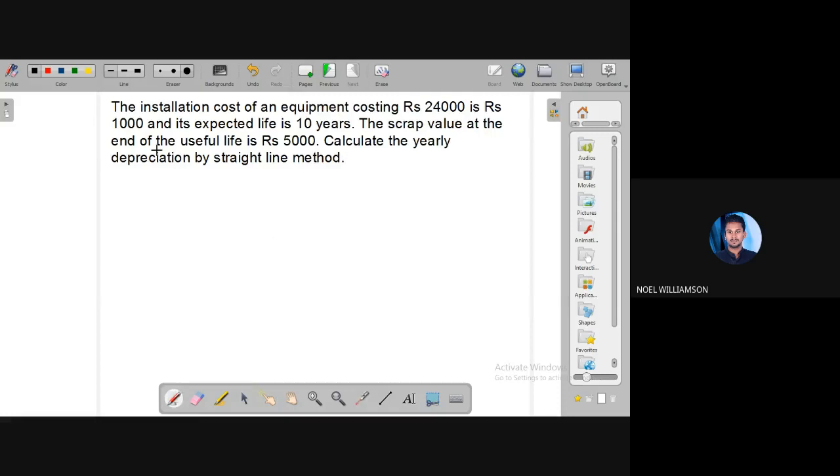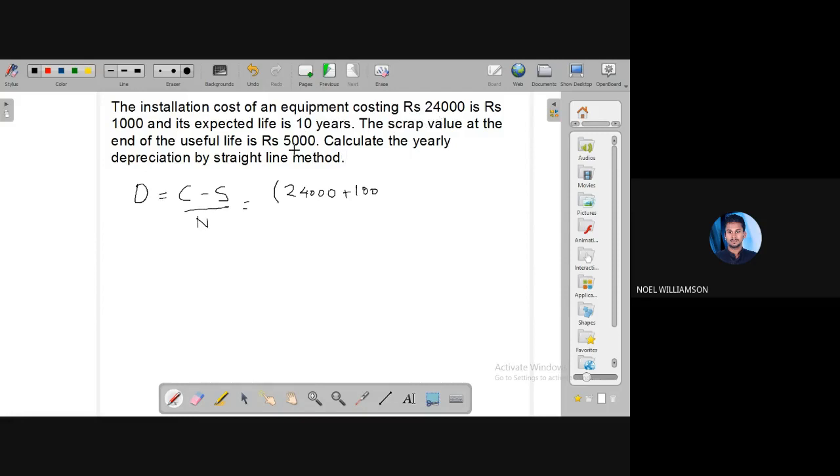So what is the relation? The relation is annual depreciation charge D equal to C minus S by N, where the C value means initial cost plus installation cost plus repair cost, right? So C: initial cost is 24,000 plus installation cost, that is 1,000.